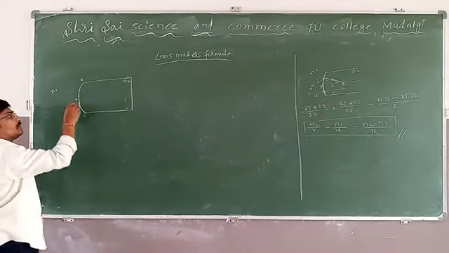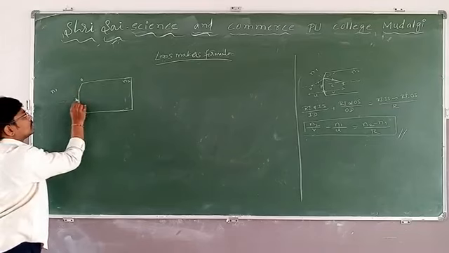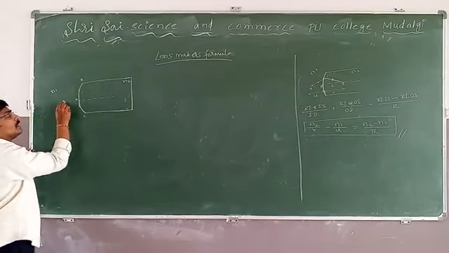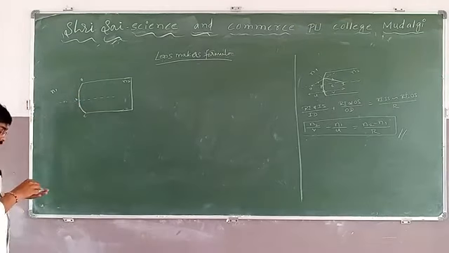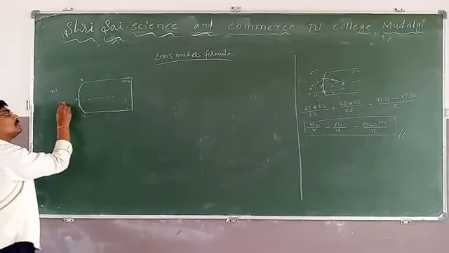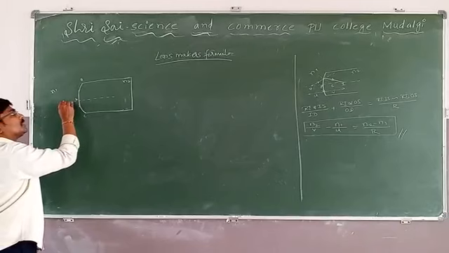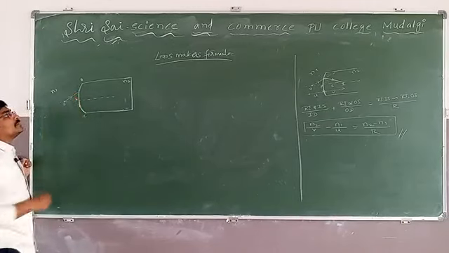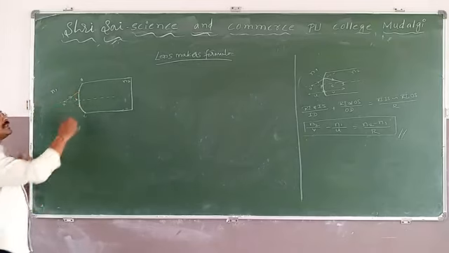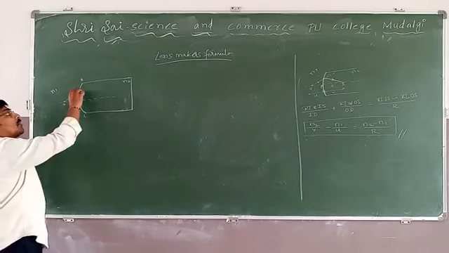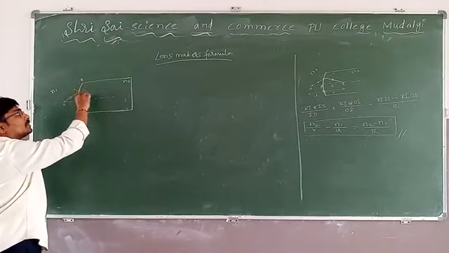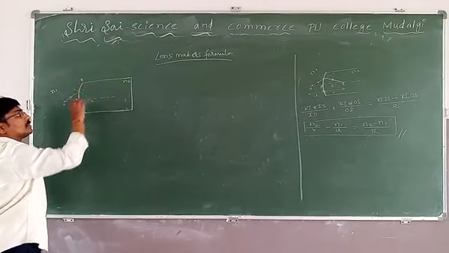It's given name. And see, this is the principal axis. If the object is kept here, if it incident light at this angle, light is incident like this, and the normal to the surface is, I will draw here, this is normal.